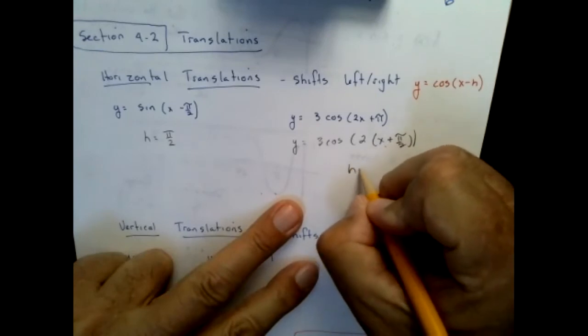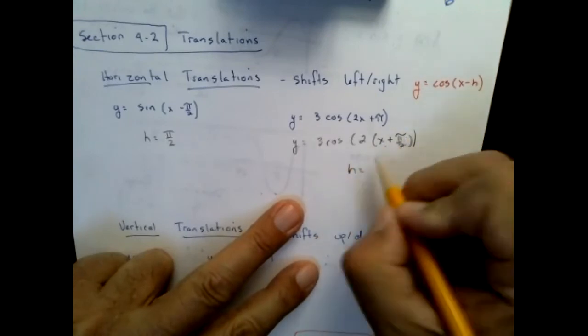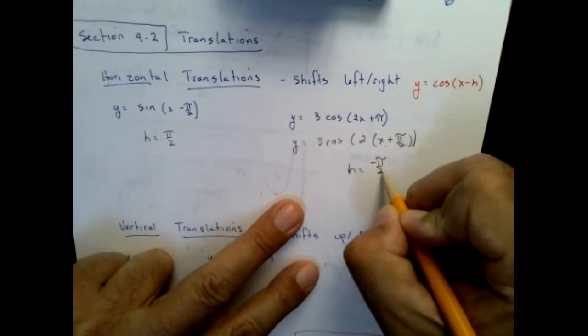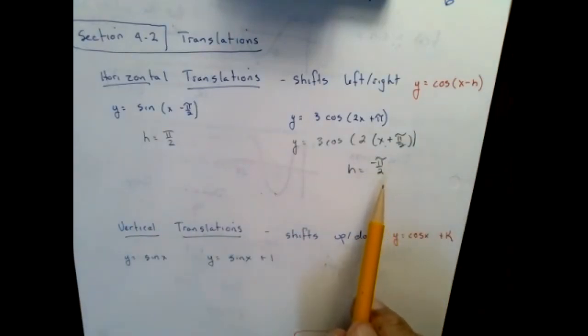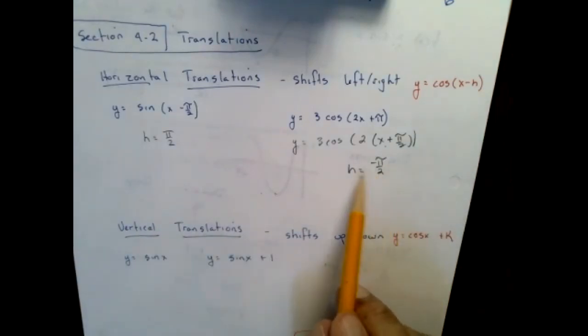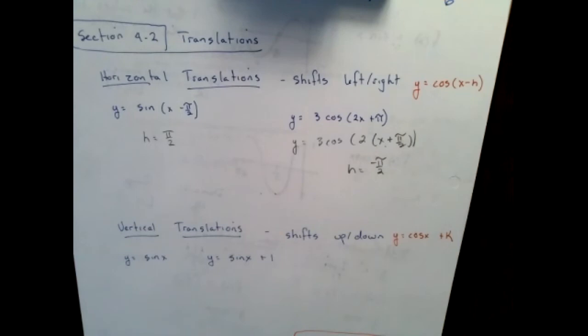This guy, h equals x minus negative pi over 2. So this guy's going to get shifted to the left pi over 2.